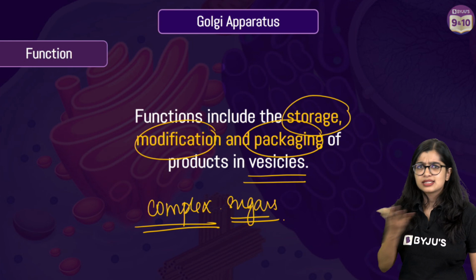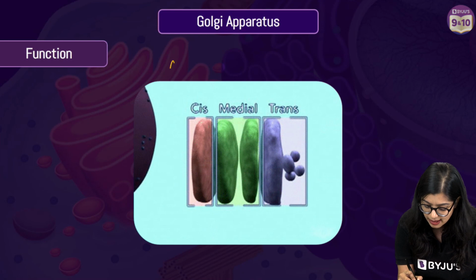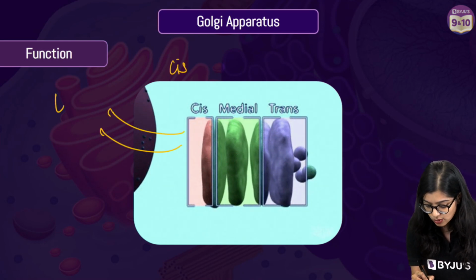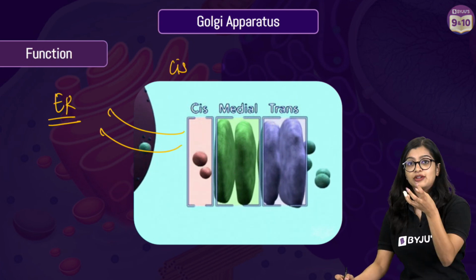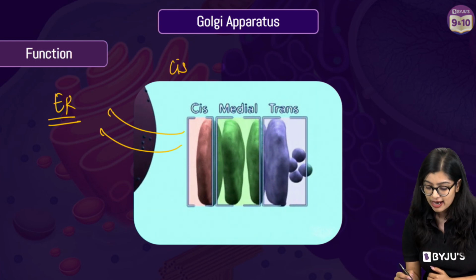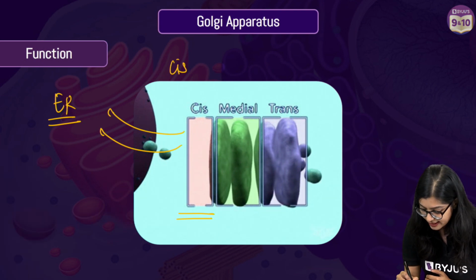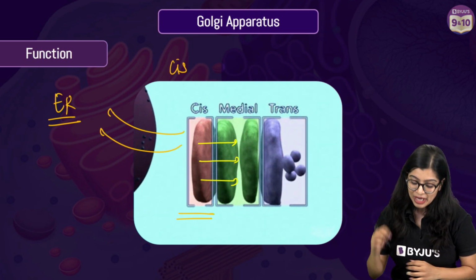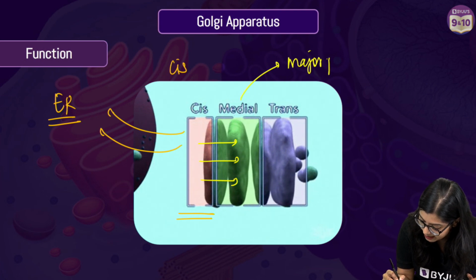Now, how exactly do the 3 compartments come into the picture? We see that the cis compartment faces towards the endoplasmic reticulum. So whatever proteins are sent from the endoplasmic reticulum enter the Golgi apparatus through the cis side. From here, they move into the medial compartment, where major processing takes place.